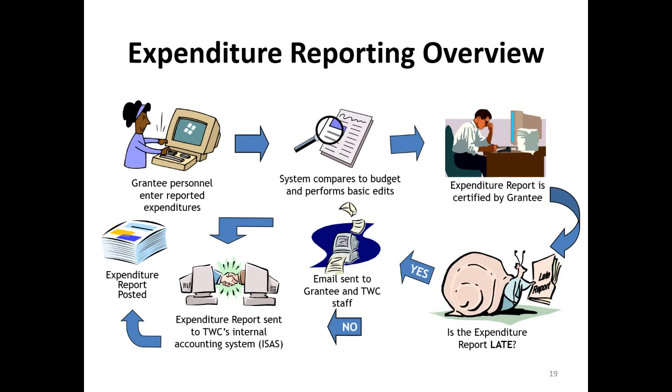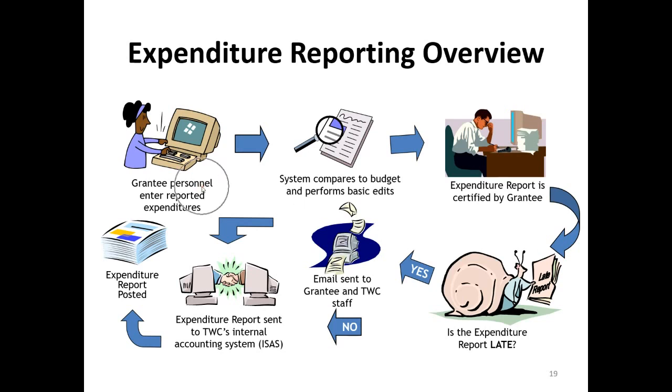As an overview of the expenditure reporting system, we're going to talk about the deadlines shortly, but in general, the system was designed to capture expenditures on a monthly basis through the life of the contract. Our grantees will enter those expenditures.